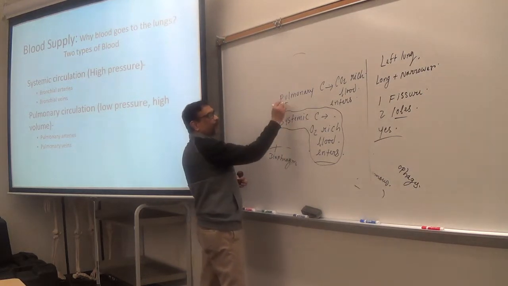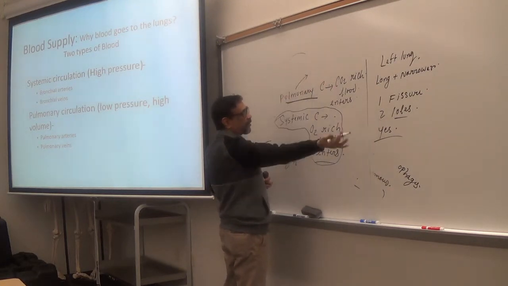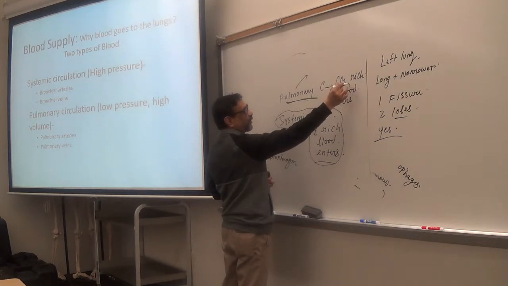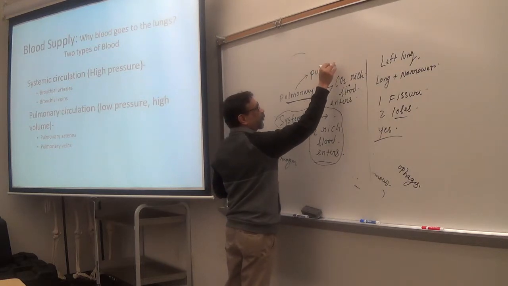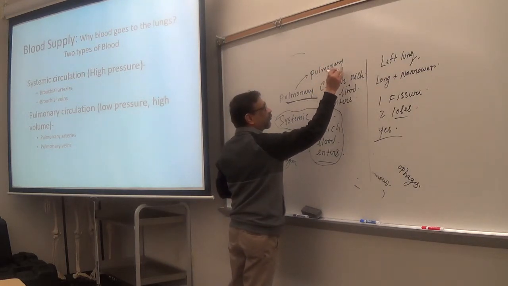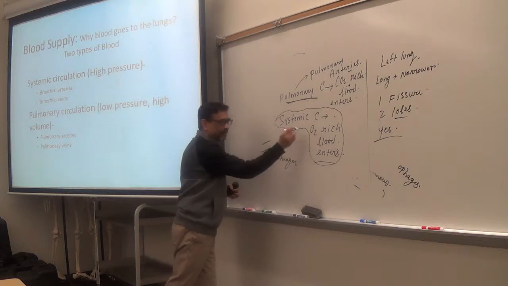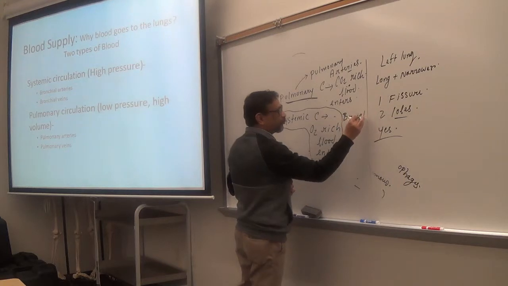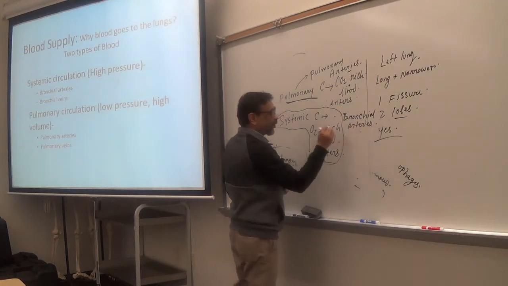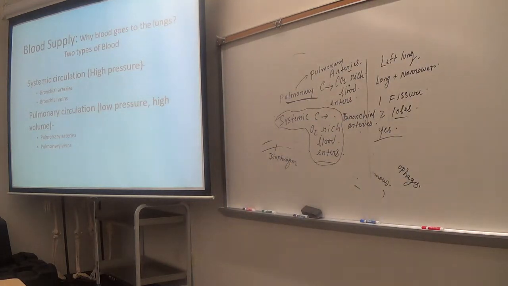And now we know in pulmonary circulation, the pulmonary trunk, then pulmonary arteries, take the deoxygenated blood to the lung. In systemic circulation, these are called bronchial arteries, they take oxygen-rich blood to the lung tissue, to give oxygen to the lung tissue for metabolism.